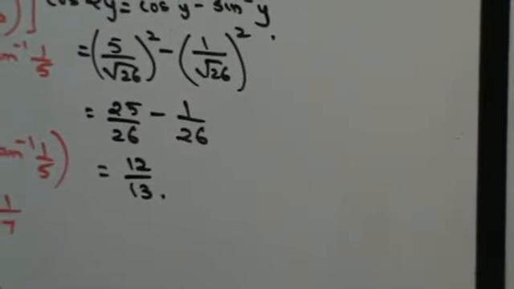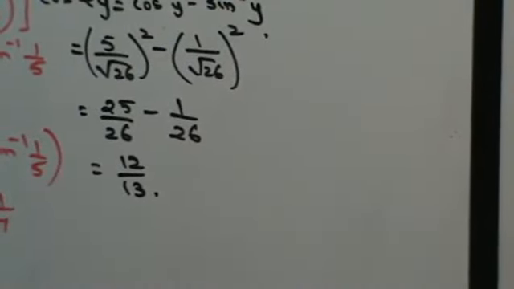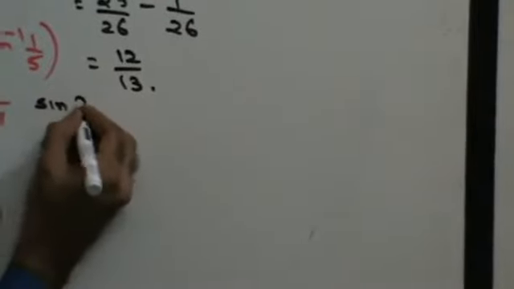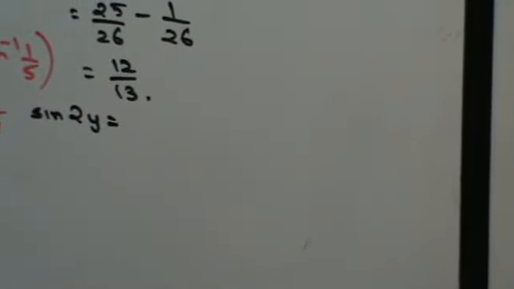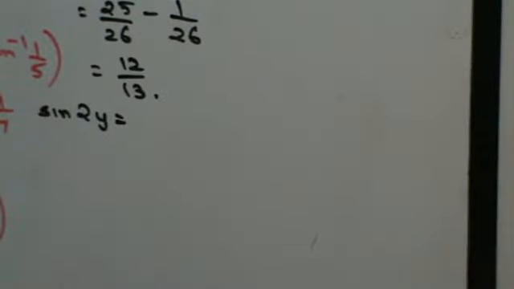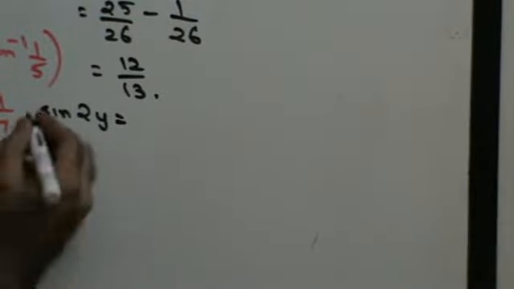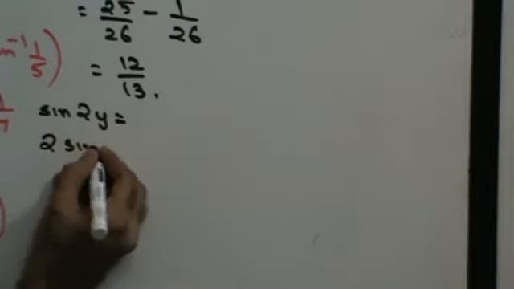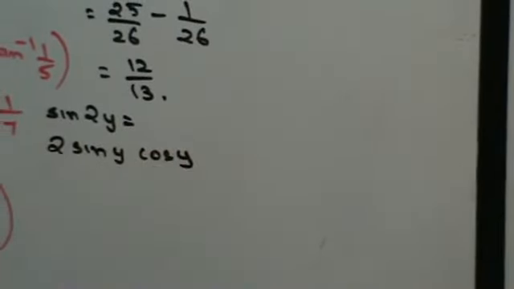I will also find out sin 2y. So why are you finding this out? Just give me 2 minutes, I'll explain to you why I'm finding this out. First let me just find out the values. Sin 2y, multiple angles. Sin 2 theta is 2 sin theta cos theta.